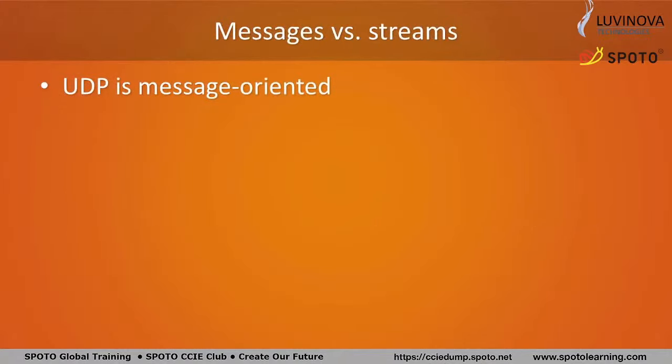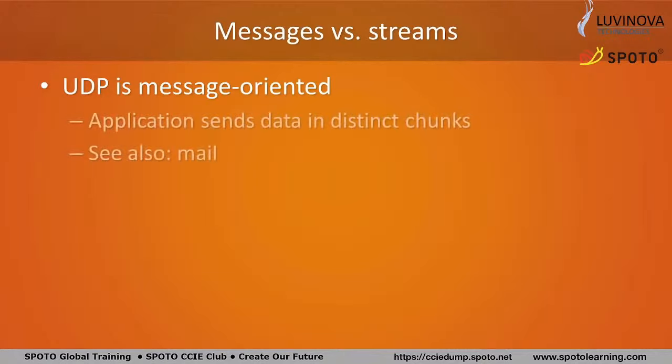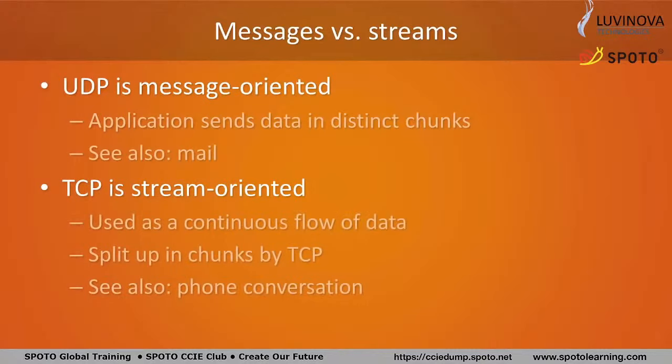Both protocols are also different on a conceptual level. We call UDP message-oriented, which means that applications send their data in distinct chunks. Think of it as snail mail, email, or text messaging. TCP, on the other hand, is stream-oriented. It is used as a continuous flow of data. Under TCP, your application does not choose how data is sliced into packets.